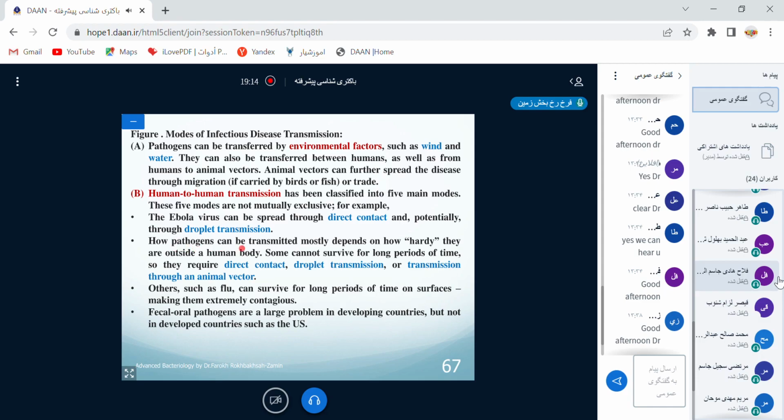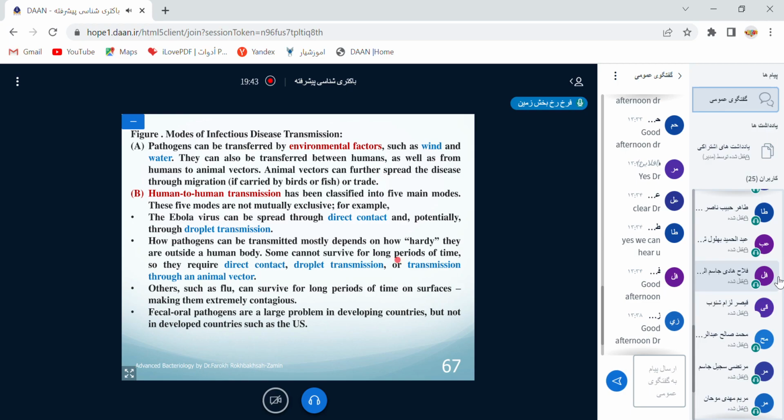How pathogens can be transmitted mostly depends on how hardy they are outside a human body, how much they can suffer outside the body, how long they can be alive outside the body. So this resistance shows the ways they can use for transmission.